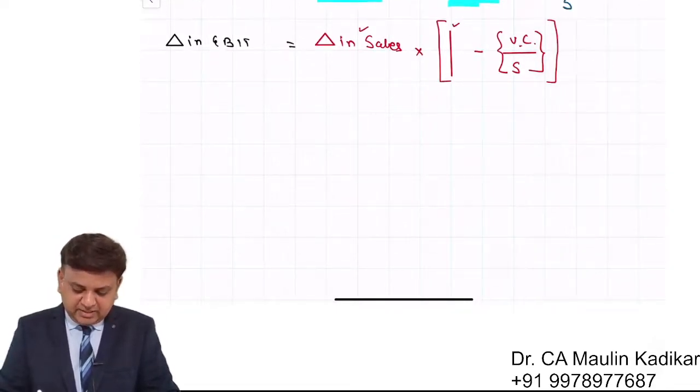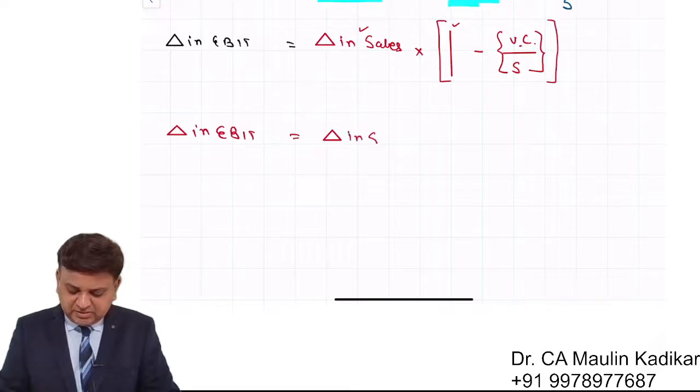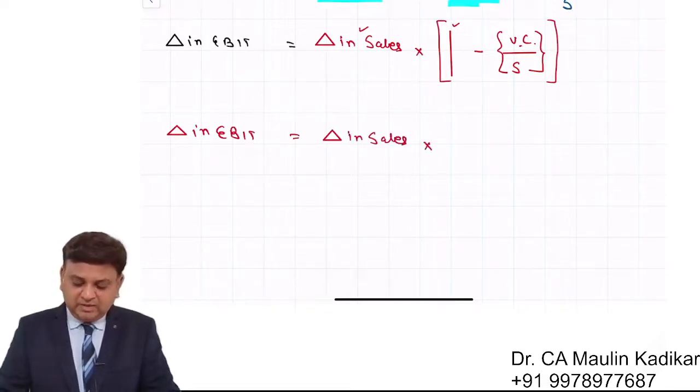So rewriting the equation, change in EBIT is equal to change in sales into, this 1 is nothing else but it is like 1 upon 1.